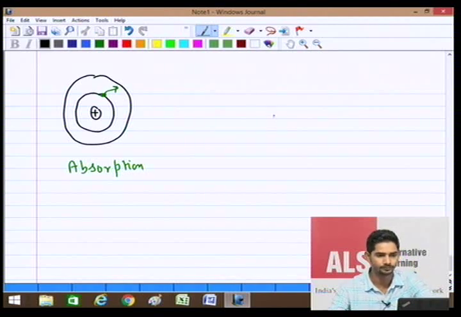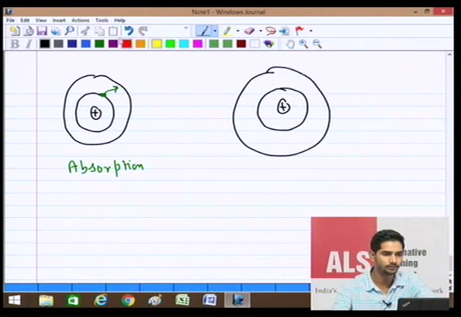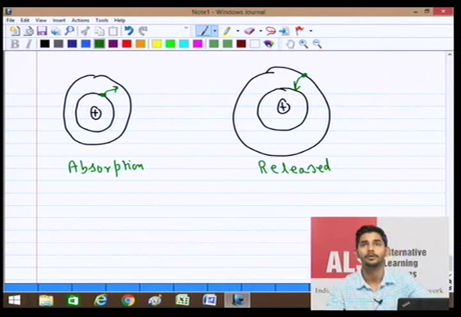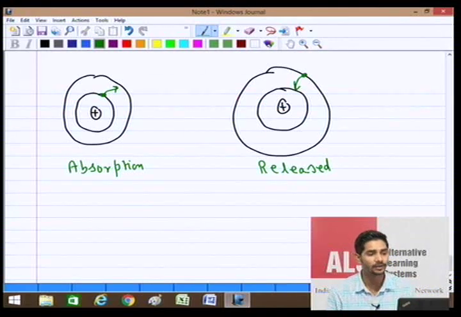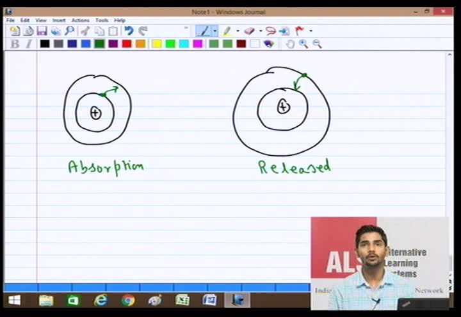But whenever an electron jumps from a higher energy state to a lower energy state, energy will always be released. So if an electron jumps from a higher orbit to a lower orbit, energy will be released, whereas if it is excited from a lower energy level to a higher energy level, energy will always be absorbed. Without absorption of energy, an electron cannot be excited.